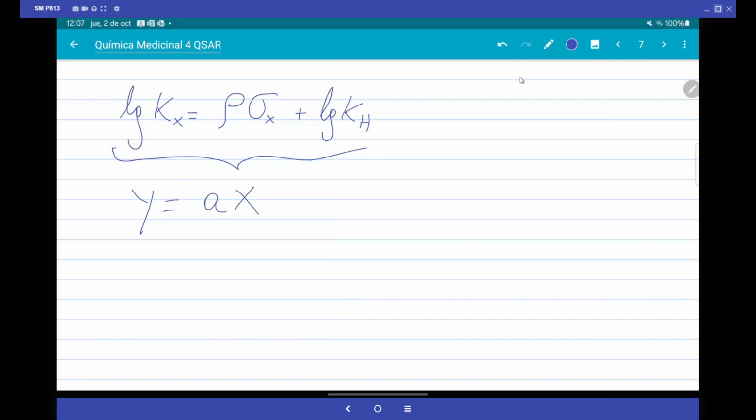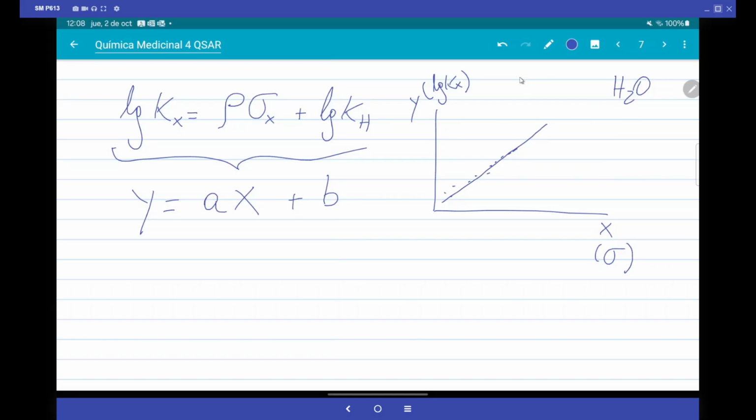The y is log Kx, and when one works in water, the slope is exactly 1, so the points are adjusted to a line. With a rho equal to 1, when you work in water, the graph always gives a slope of 1. But when one changes the solvent, the line changes. Okay, perfect.